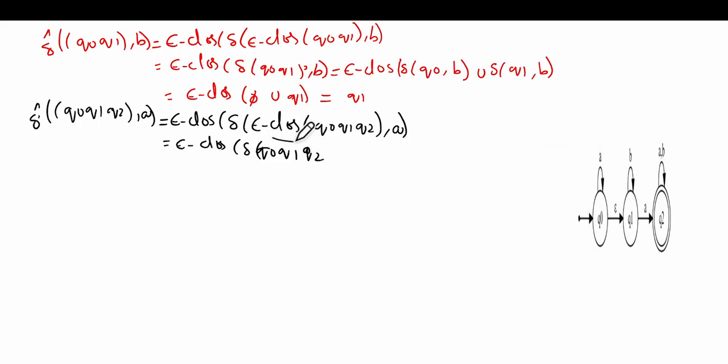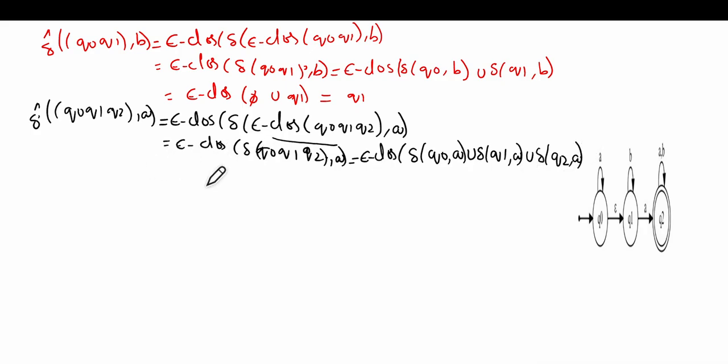So we have solved the first part and then on A, which is E closure of delta of Q0 on A union delta of Q1 on A union delta of Q2 on A.